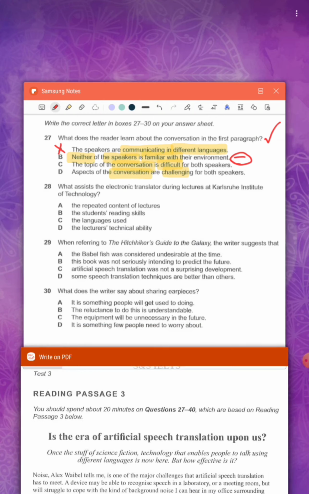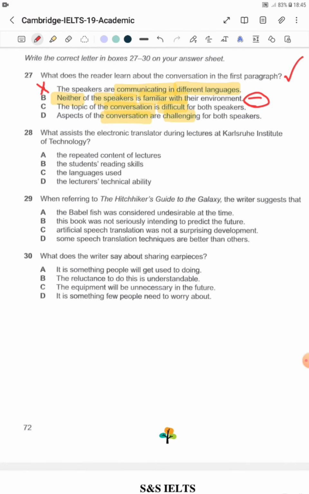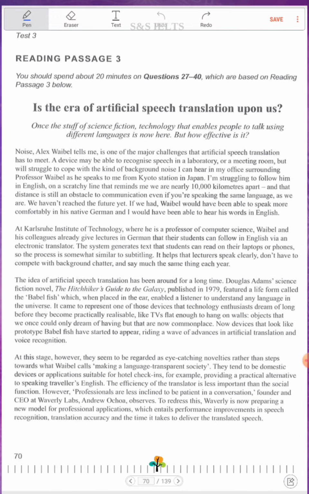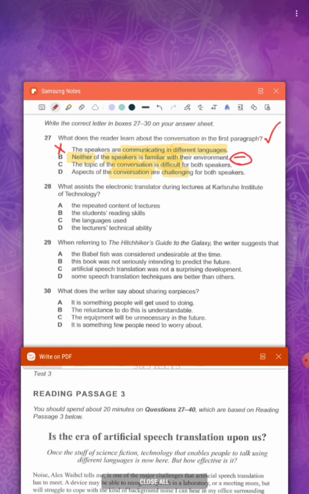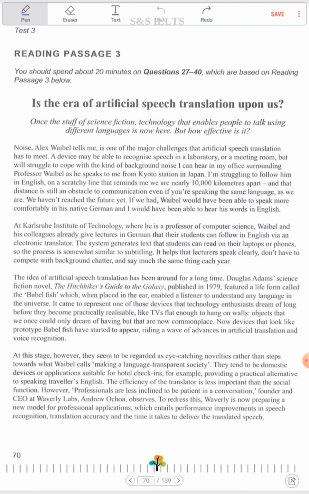And is there any statement, any sentence talking about the topic of conversation? Of course not. The topic is not being difficult for both speakers, okay? So the answer C is incorrect.